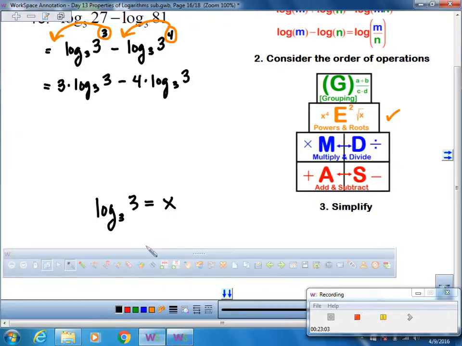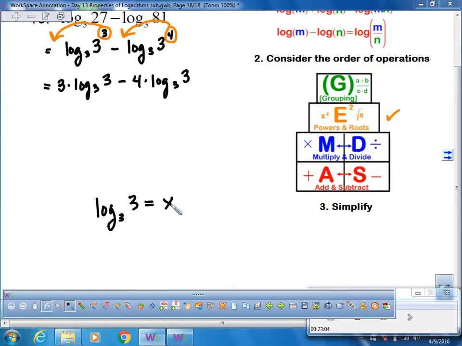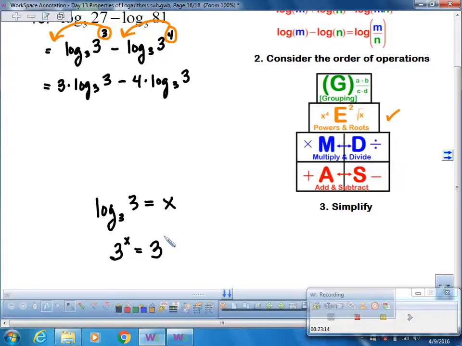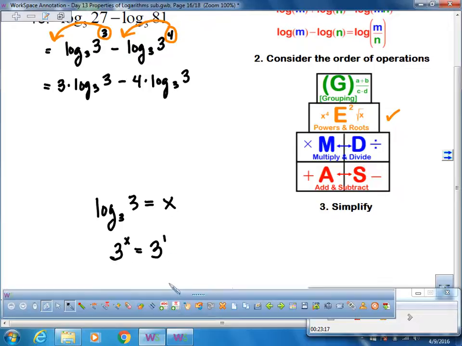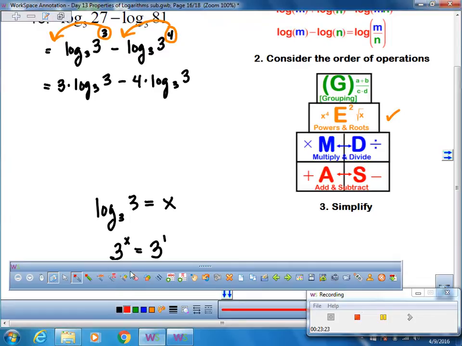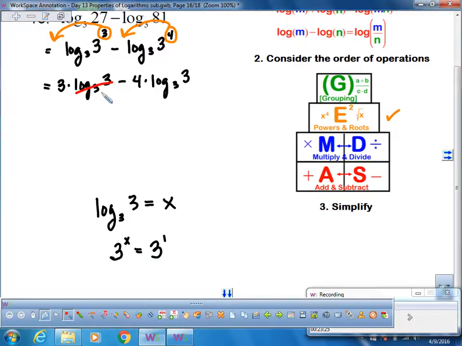3 to the x, right? If this is the base and this is the exponent, 3 to the exponent equals, I'm changing it into exponential form. Well, 3 to the what makes 3? 3 to the 1. So this is actually 1. This is 1.